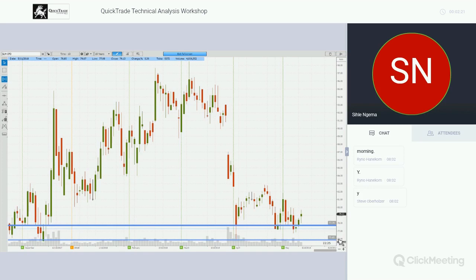And technical analysis reflects the behavior of people after getting those news. So if the news are good, we are looking at a possible chance of buying. If the news are bad, we are looking at a possible chance of selling.